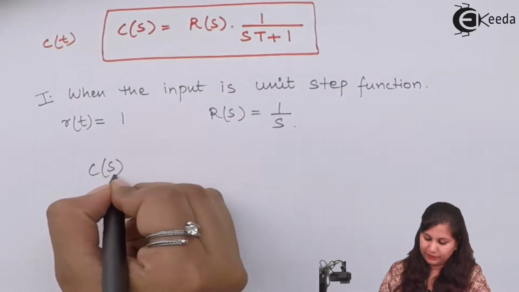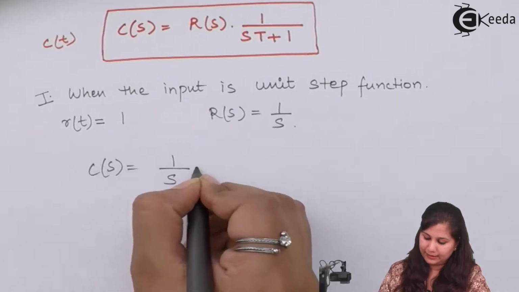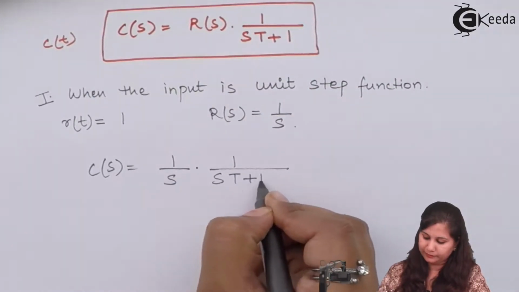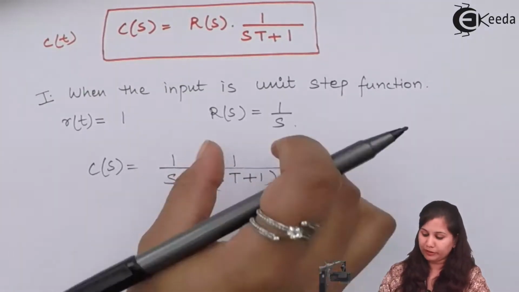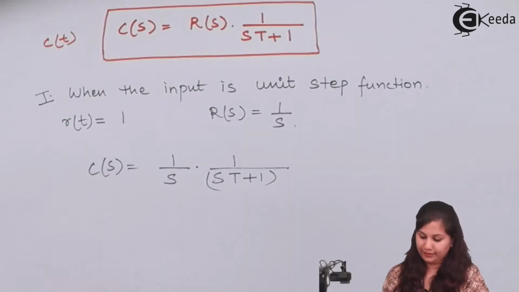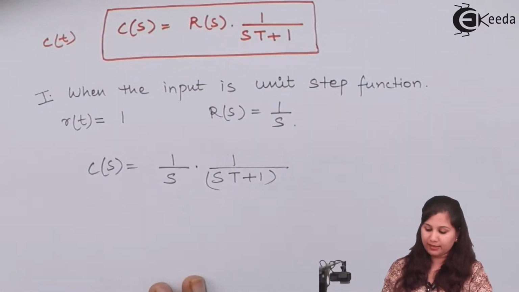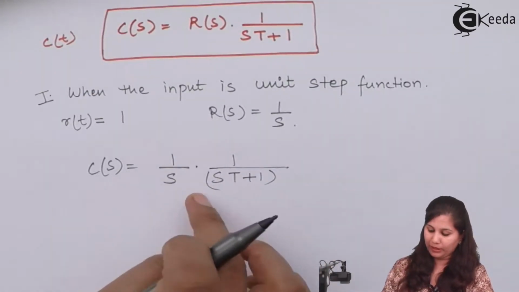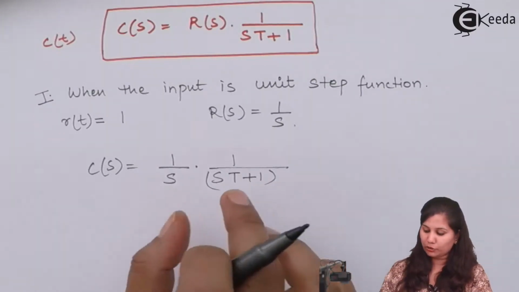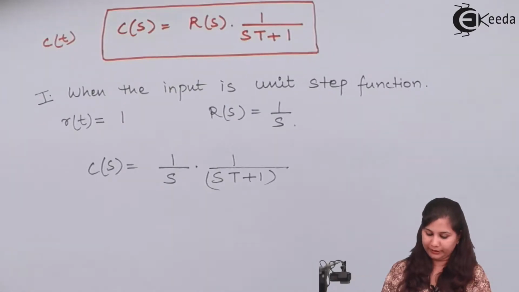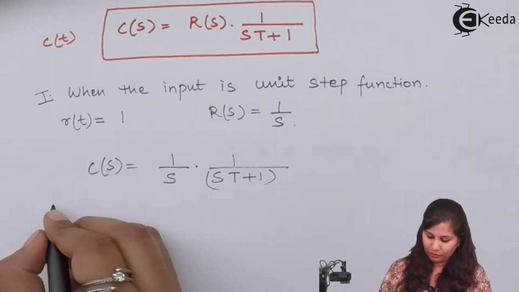So C(s) will be equal to 1 by s into 1 upon sT plus 1. We have put the value of R(s) in this. Now we are going to take the partial fractions of this term so that we can apply the inverse Laplace transform formulae on it.